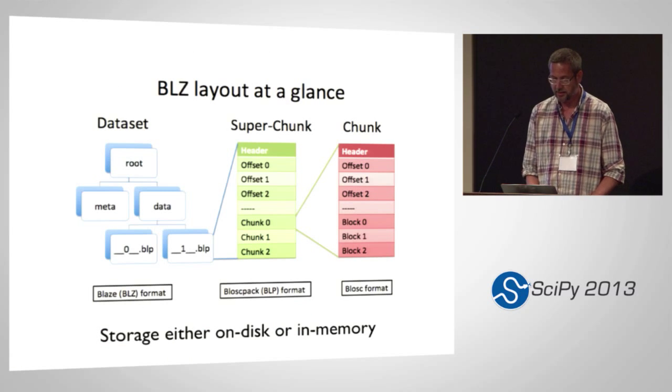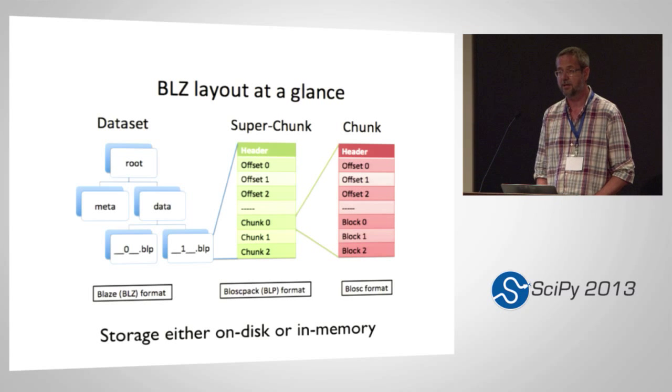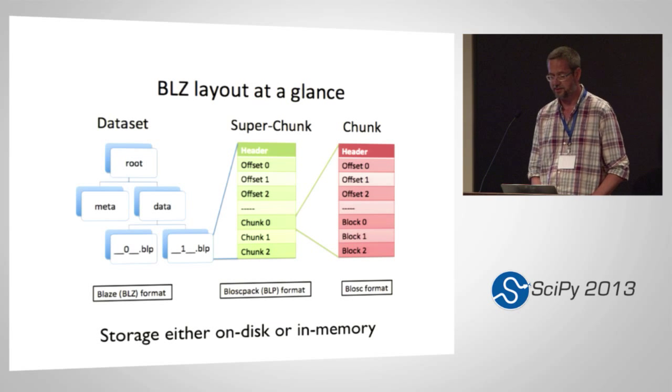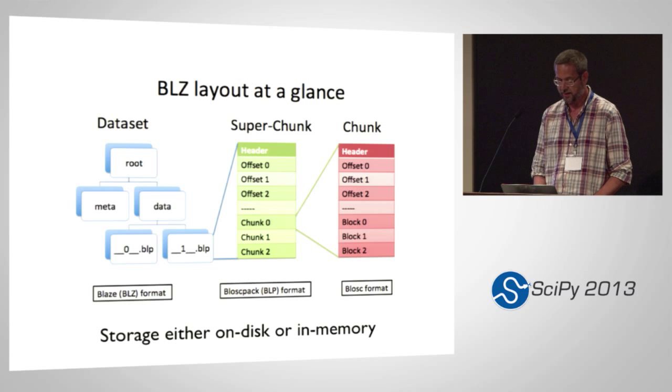So here is a layout for BLSeed. The data set is expressed in directories. Hanging from the root, there is a meta directory, which holds metadata about the actual data. The data directory contains a series of superchunks. These superchunks use the BlockSpack format that has been designed by Valentin Heinel.